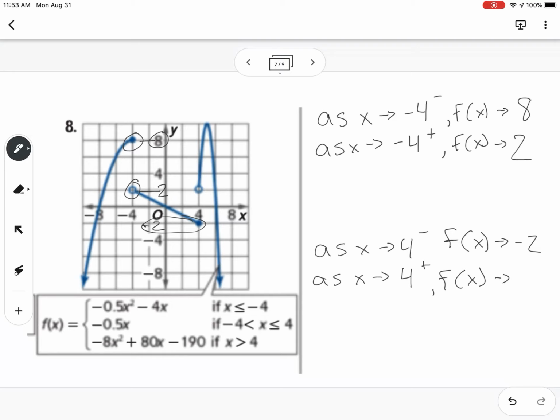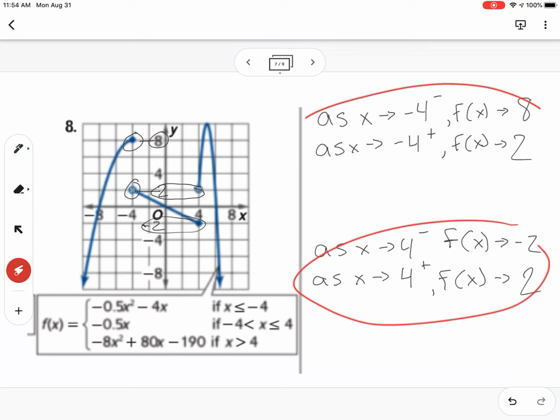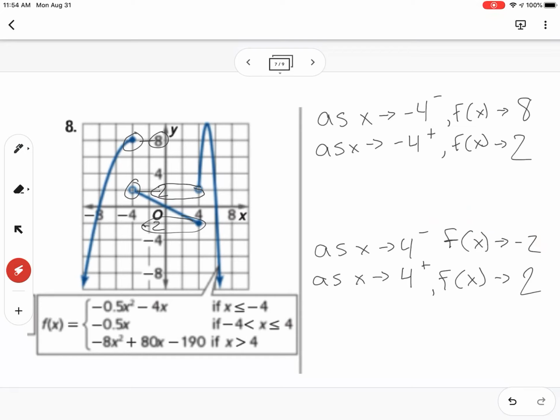And from the right side, so right side is this, we are on +2. There we go.